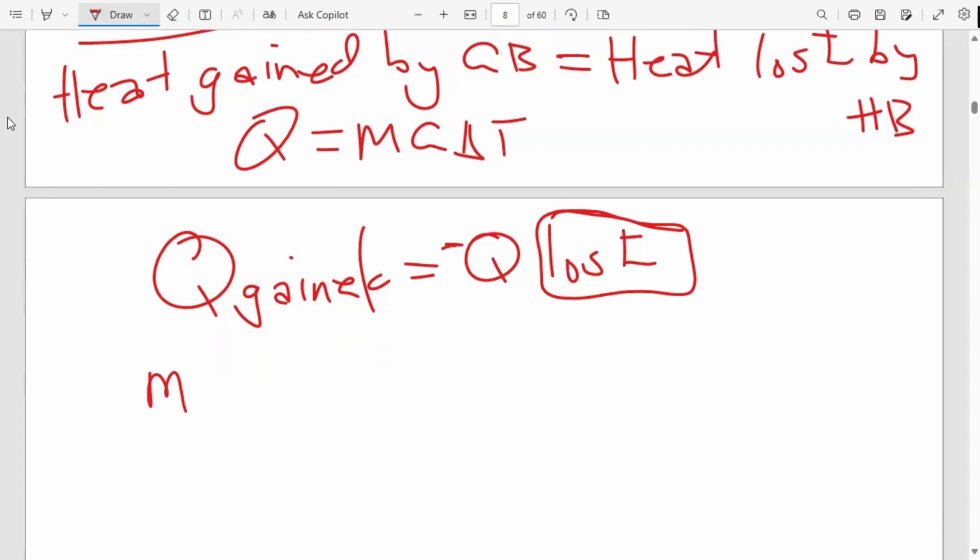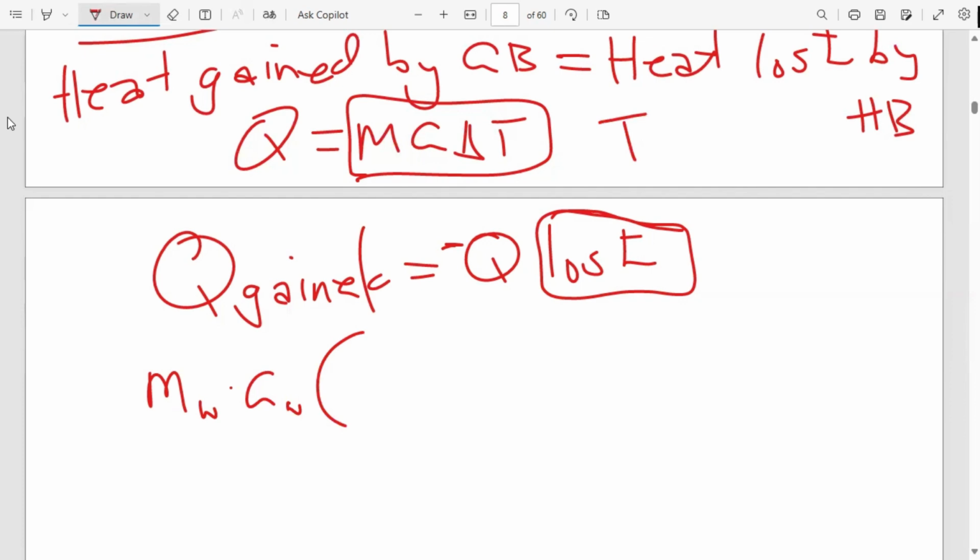So if, for example, we're talking about water, I'm going to say the mass of water multiplied by the C of water, multiplied by the change in temperature. Here we're going to have three temperatures. There will be the initial temperature of the cold body, which we're going to call temperature 1.